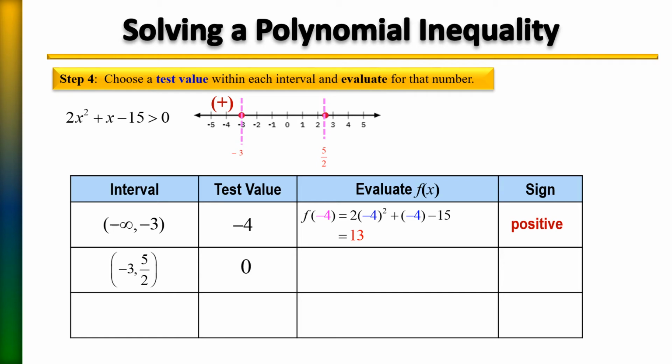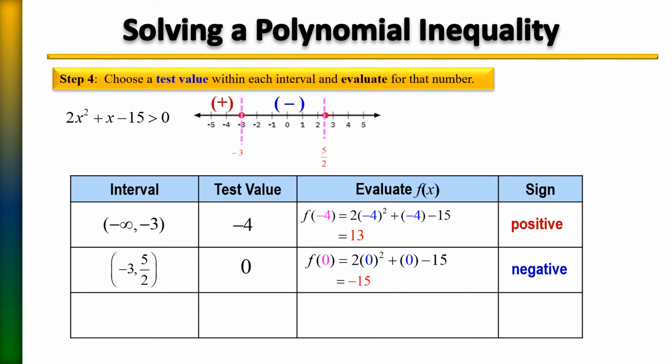So when we plug 0 into the function and find f of 0, we can clearly see that our output is a negative number, -15. It's the only thing that's left. So that interval gave us a negative value. Everything within that middle interval is negative in sign. So I'm just going to write that there, to remind us.